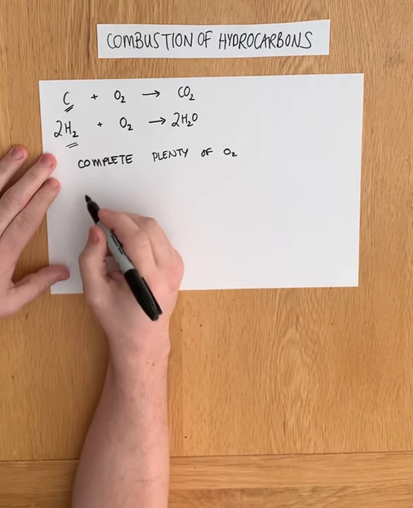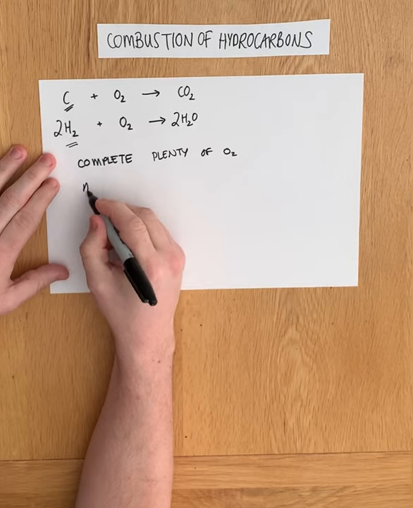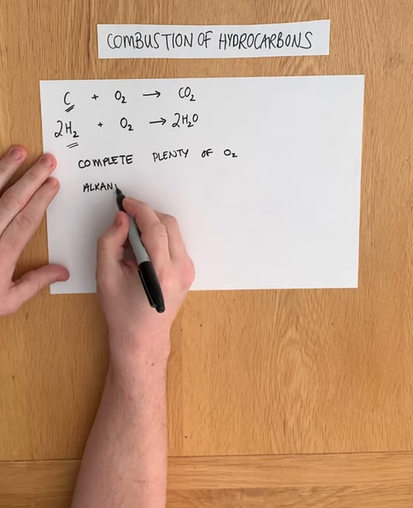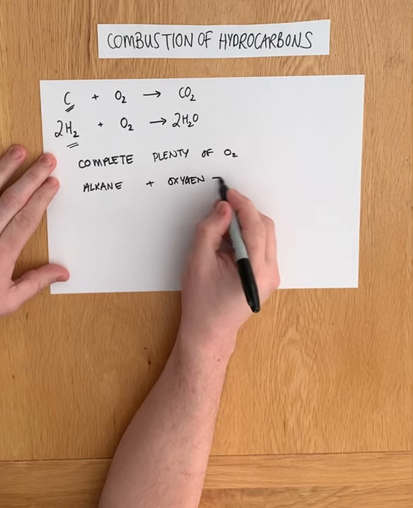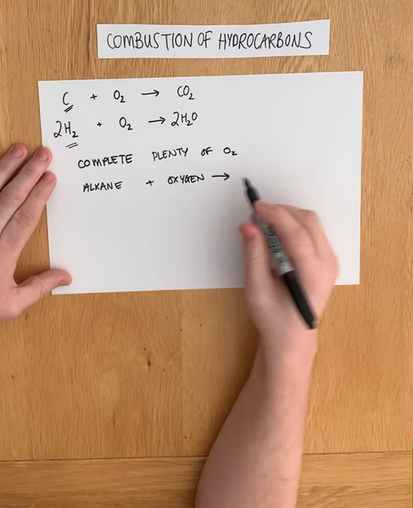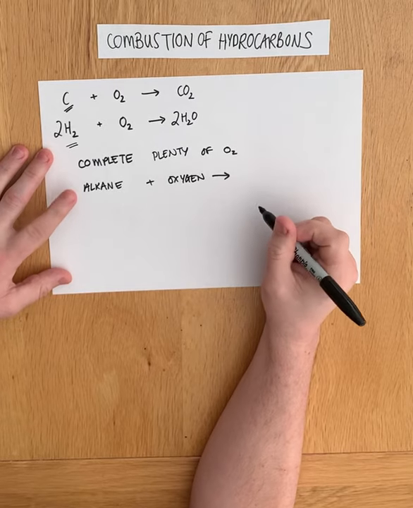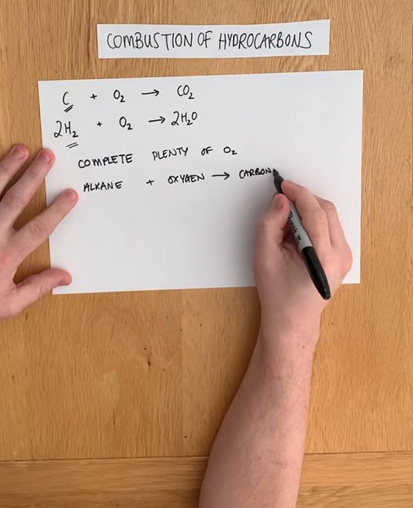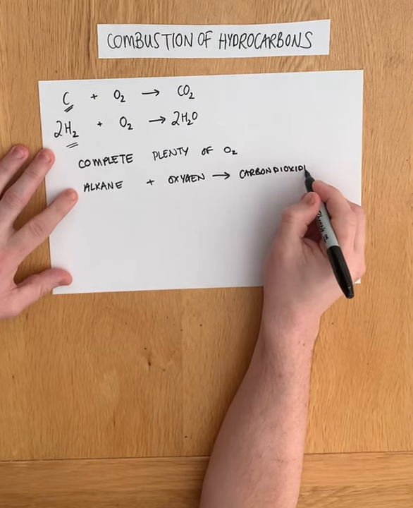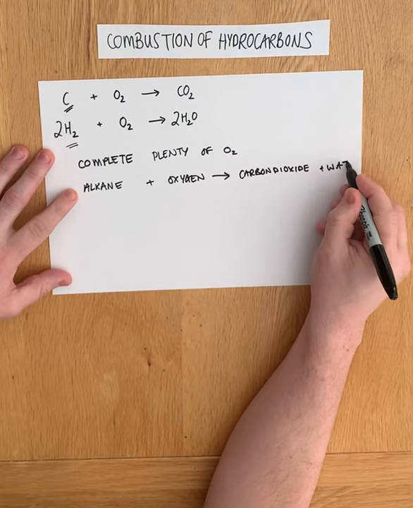So any hydrocarbon, let's just say for now an alkane, when an alkane reacts with oxygen in the combustion, the products of our alkane, which is a hydrocarbon, are carbon dioxide and water.